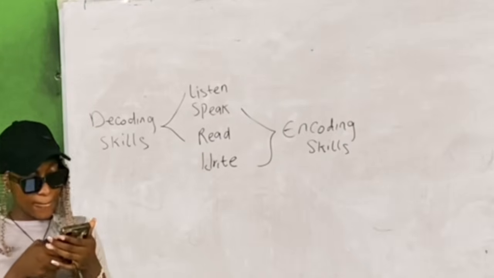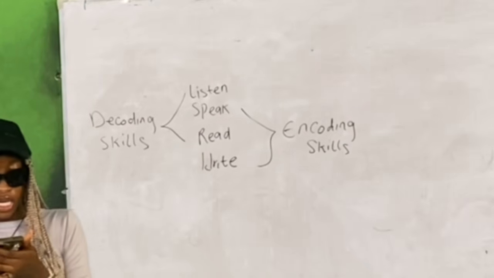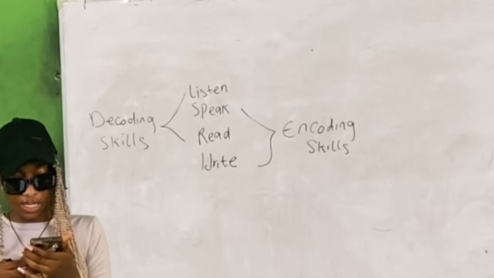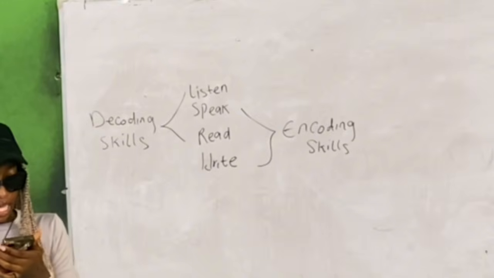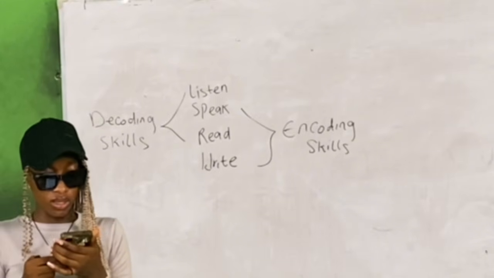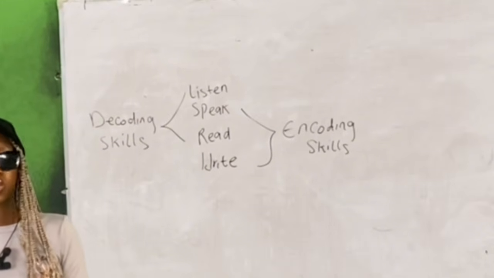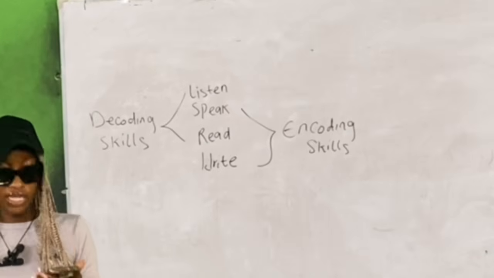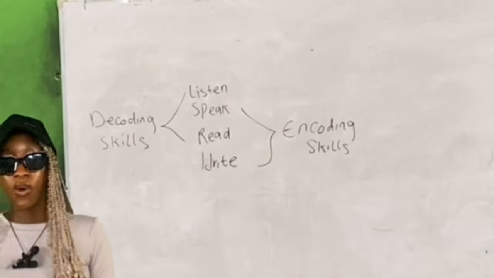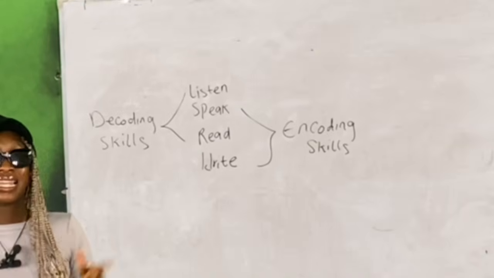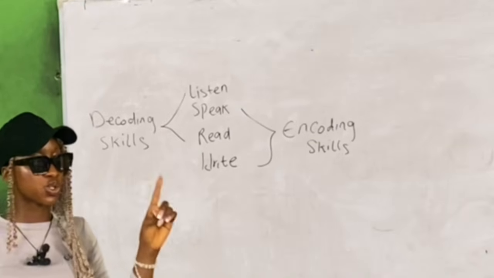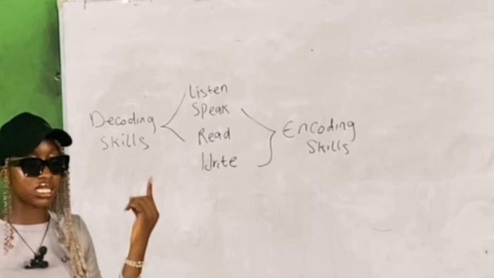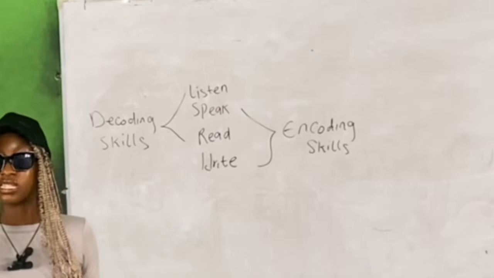Do you get? So the next one says critical listening involves learners listening for the purpose of understanding what a passage is all about. Like we have critical listening skills, we also have critical thinking. The reason they say critical listening here is because listening is the first skill you're supposed to have to learn a language. So critical listening is very important.